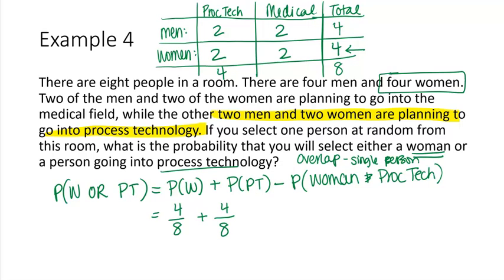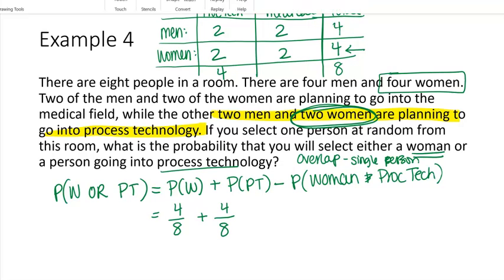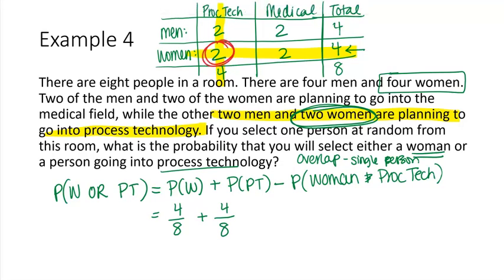However, when we did that, we just double counted these 2 people. When we looked at our women and we looked at our process technology, we double counted the 2 women in process tech. So they didn't magically grow twins. I have to subtract or remove that overlap back out.